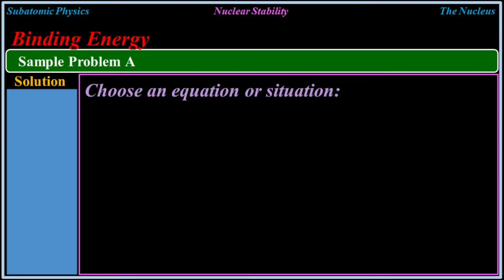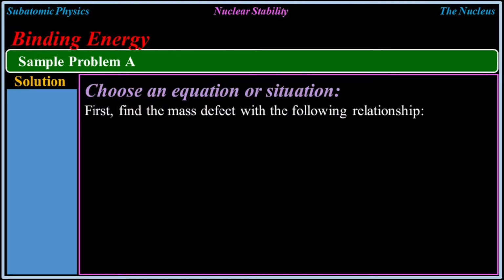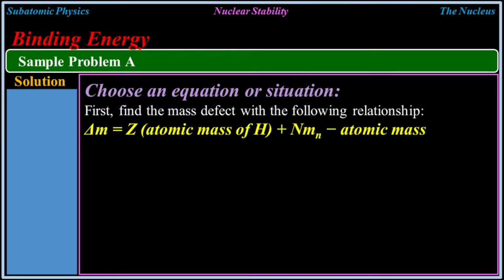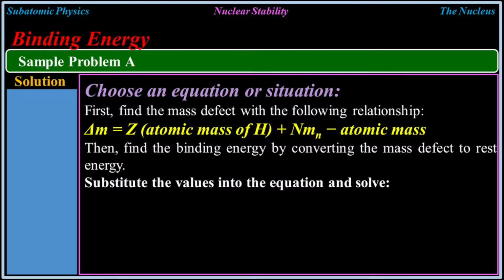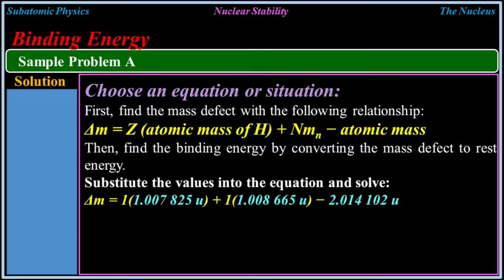Choose an equation or situation. First, find the mass defect with the following relationship. And that's the relationship that was in the section. Then find the binding energy by converting the mass defect to rest energy. Substitute the values into the equation and solve. There's the plug-in.